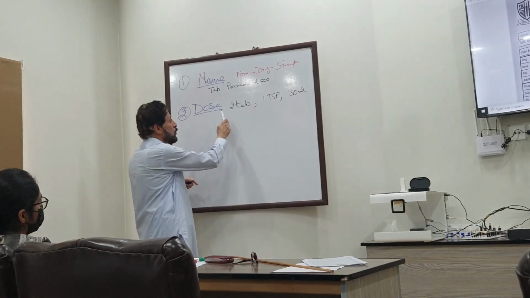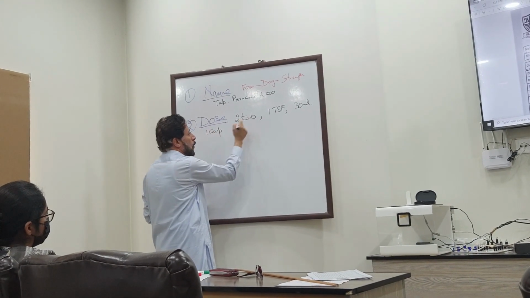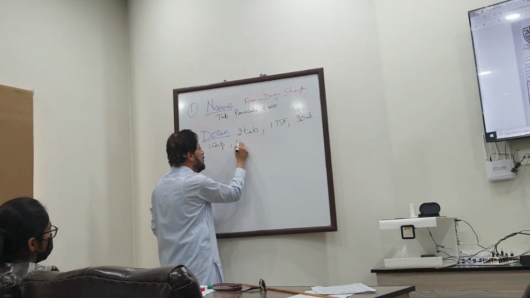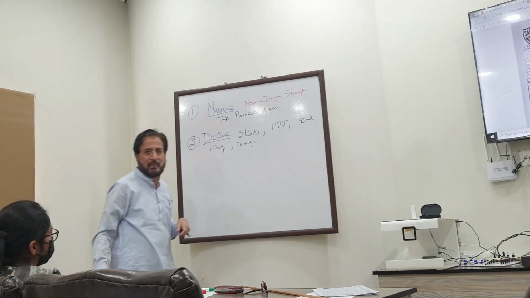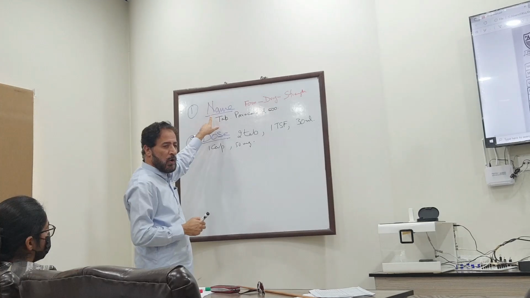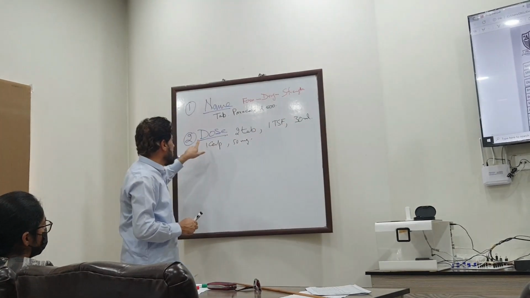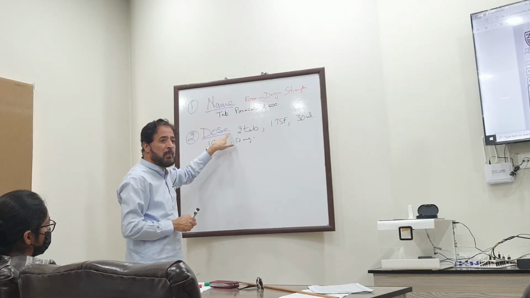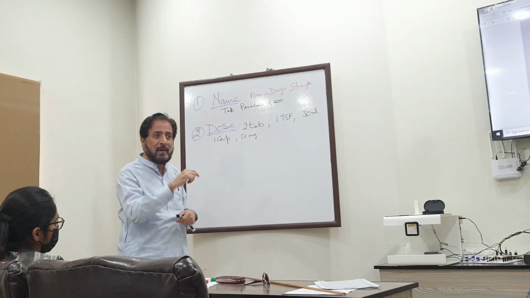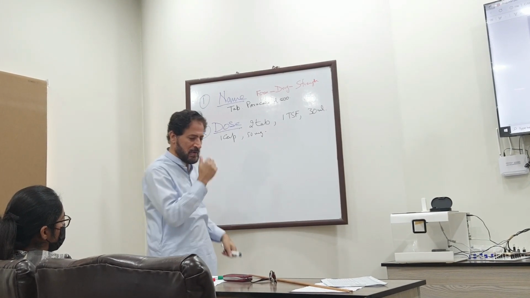So it can be 2 tablets, 1 capsule, 1 tablespoon, 30 ml, 50 milligram, whatever, right? So as the name should be written along with the formulation and the strength, similarly the dose should be written with the number and the unit. I want to give 2 tablets, 1 capsule, 3 teaspoon, 30 ml, etc.